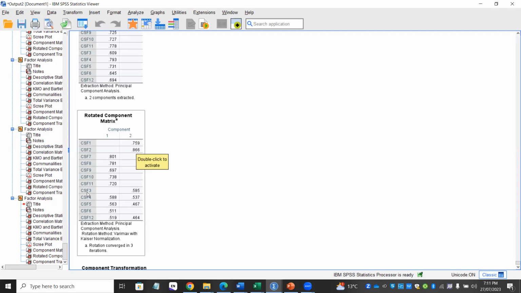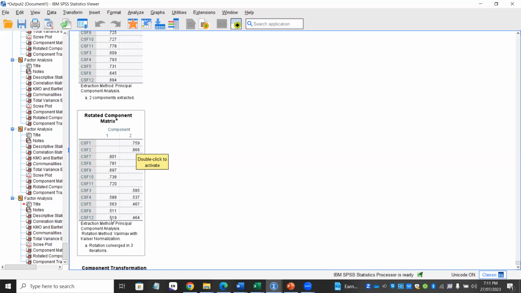CSF3 belongs to 2. CSF4, definitely it will belong to 1 because 0.588 is bigger than 0.537. CSF5, yes, this will belong to this, and this will belong to that.